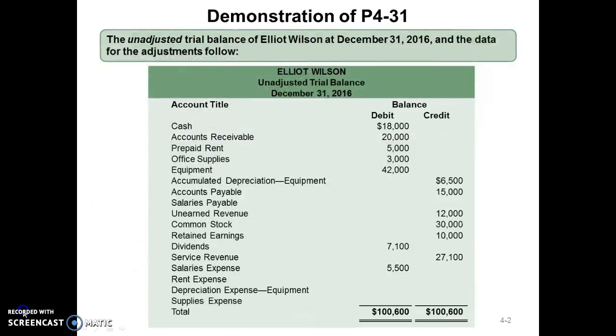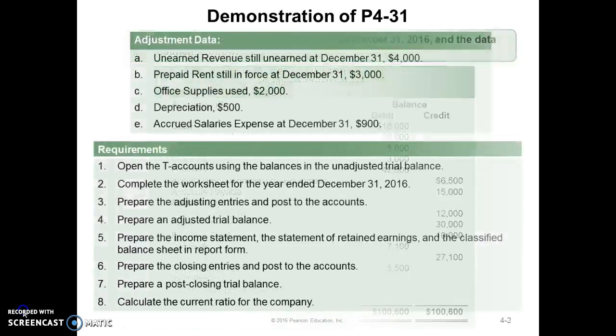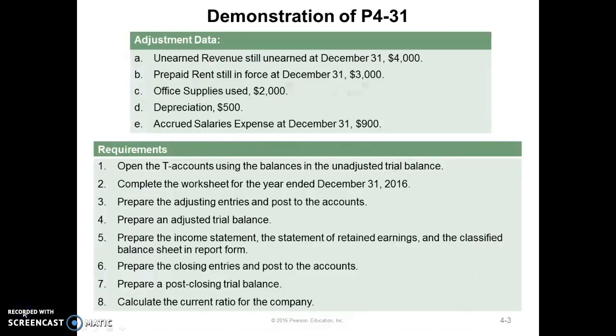We know the unearned revenue balance was $12,000, so we have to change that balance from $12,000 to $4,000. That means that throughout the course of the year, we've managed to earn $8,000 of revenue.